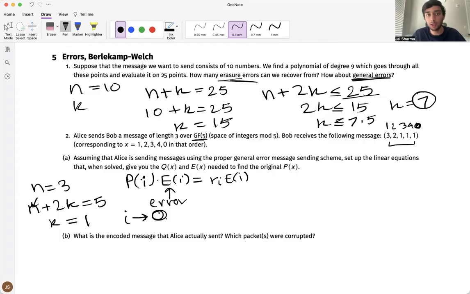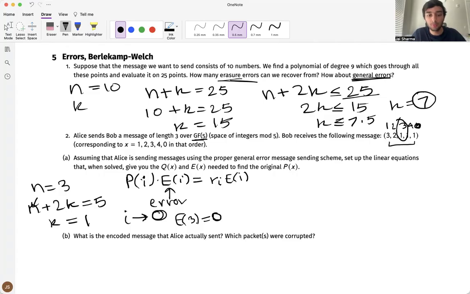Otherwise, we don't care what it gives us. So for example, here, if 3, 1, this point right here, is the error, then if we were to input 3 as I, E of 3 would be equal to 0, and we don't care about anything else.